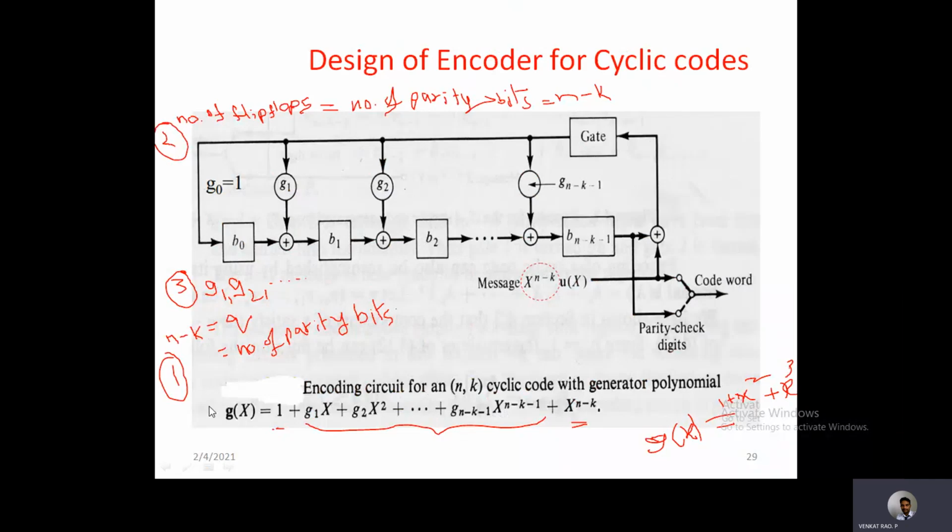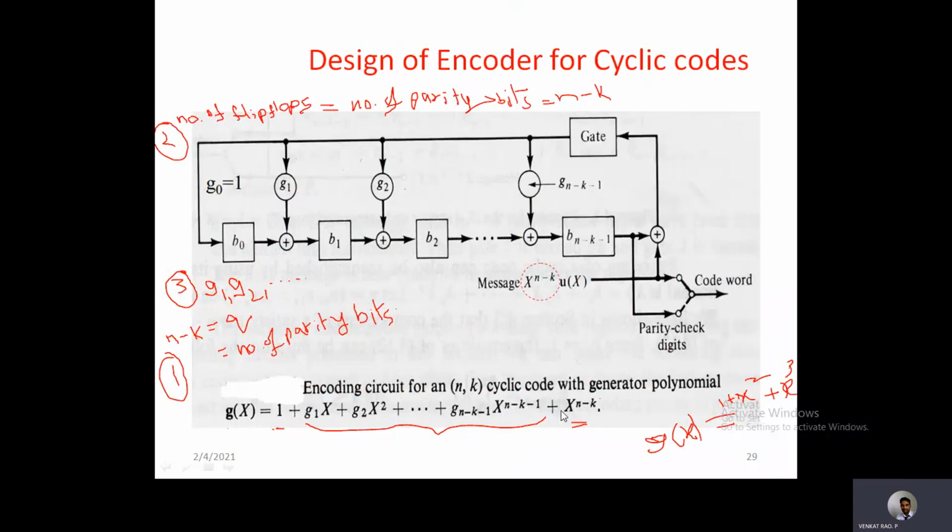Since the generator polynomial equation is given by g of x equal to 1 plus g1 into x plus g2 into x square plus and so on, the last term is x power n minus k. We already observed in the previous lecture that the generator polynomial equation for an (n, k) cyclic code starts from 1 and goes to the last term, that is x power n minus k.